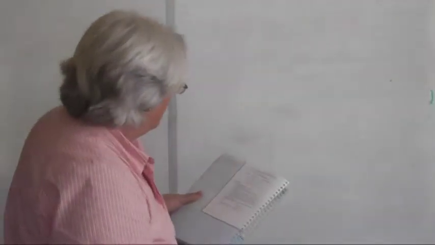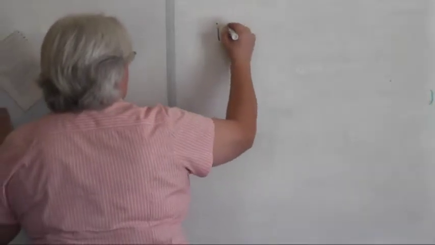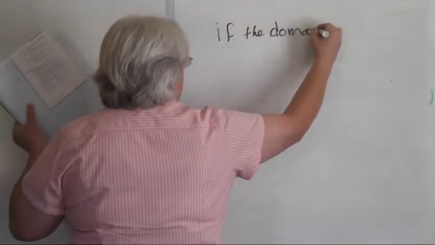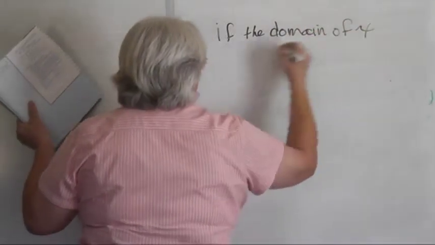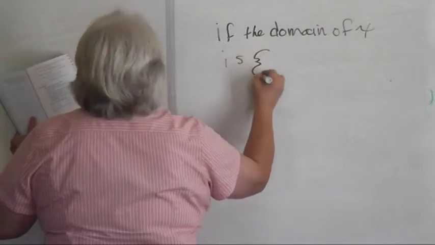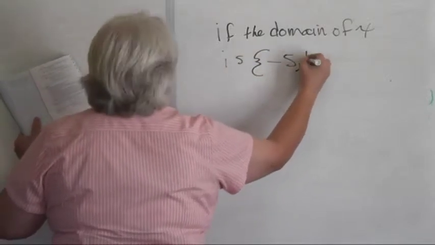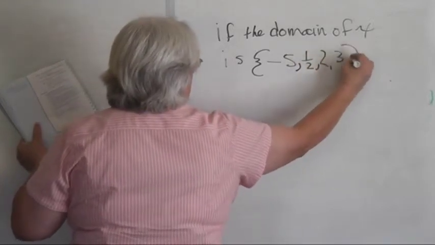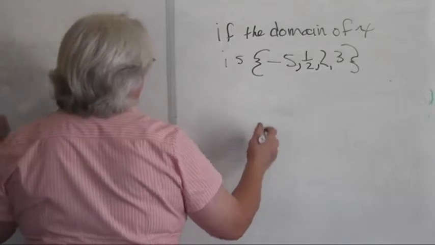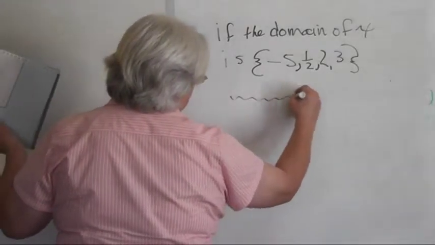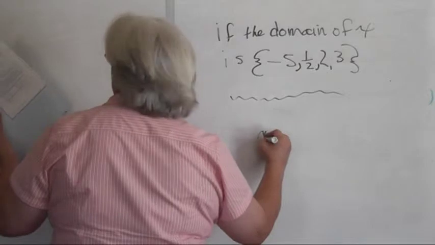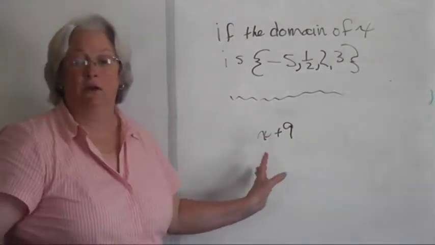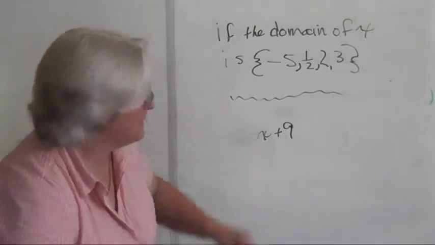For section 3.1, this says, if the domain of x is the set that consists of the elements -5, 1/2, 2, and 3, find the corresponding values of x plus 9. Well, how are we going to find the corresponding values of x plus 9?